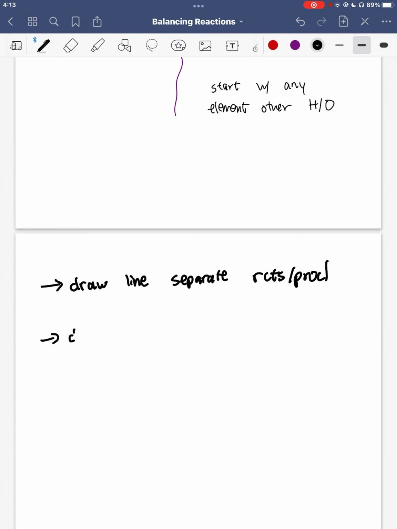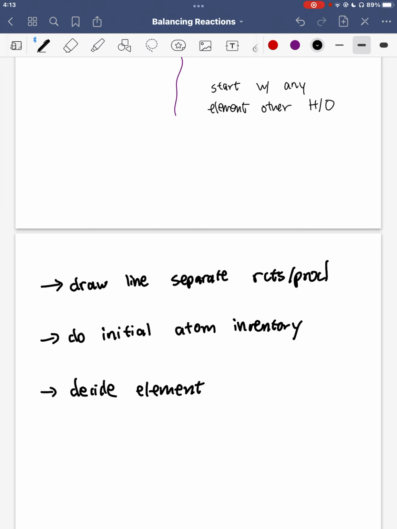I then do my initial atom inventory. I then decide an element to start balancing, not hydrogen or oxygen unless it's my only choice.